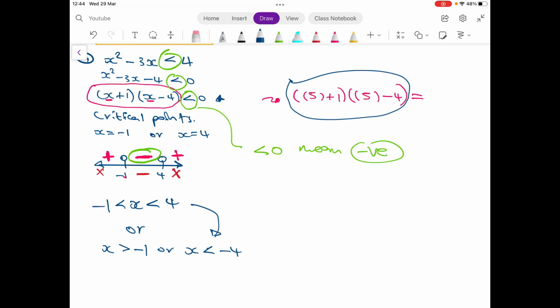Some would write the same thing in this way. Remember, this is not my idea, so I need to be clear. Negative 1 is less than x, and I was supposed to actually put 'and' there.